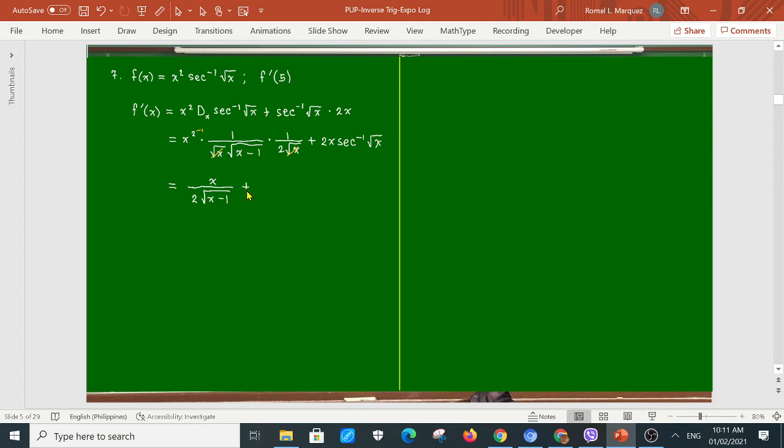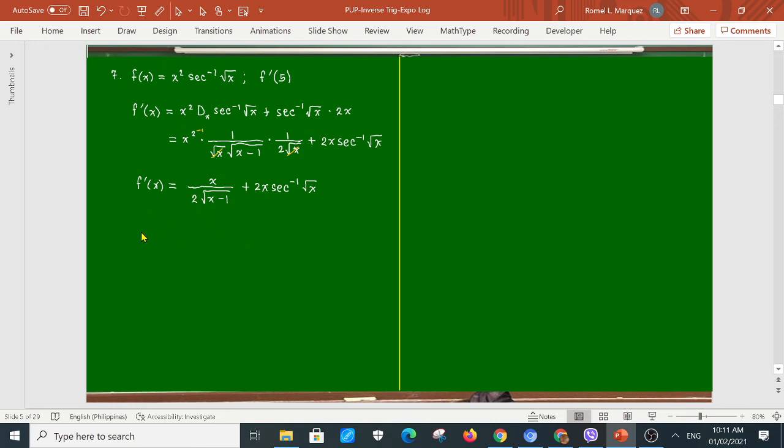And then plus 2x secant inverse of square root of x. No need to combine these two, since once you combine, you won't have things that you can simplify into simpler expressions.